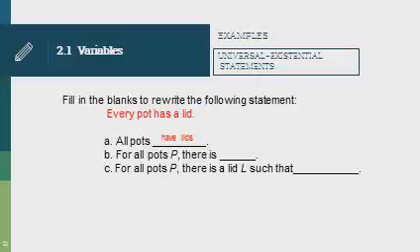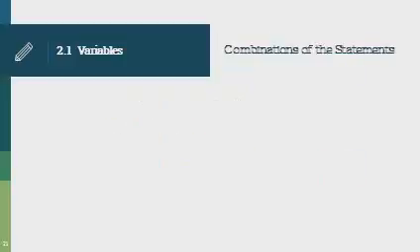For all paths P, there is a lead for P. And letter C, for all paths P, there is a lead L such that L is a lead for P. Okay? Again, dun nyo lang i-base ang sagot niya sa given. Kailangan nyo lang alamin kung paano nilalaro yung words.